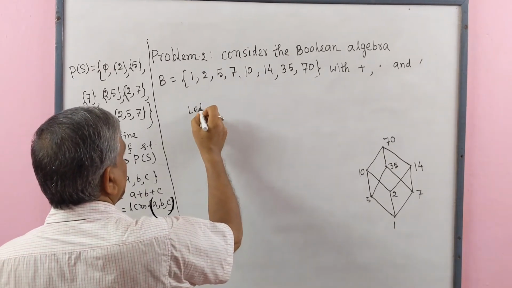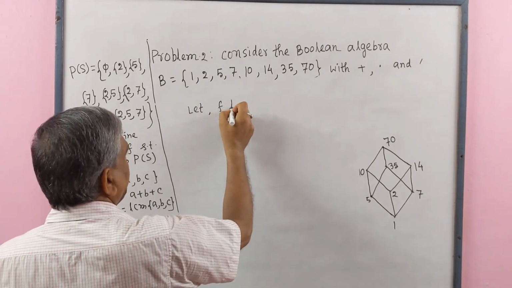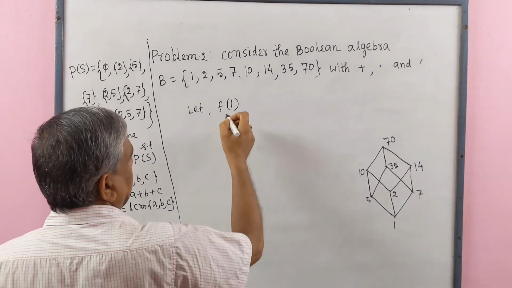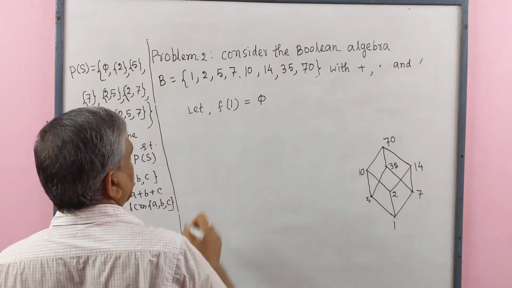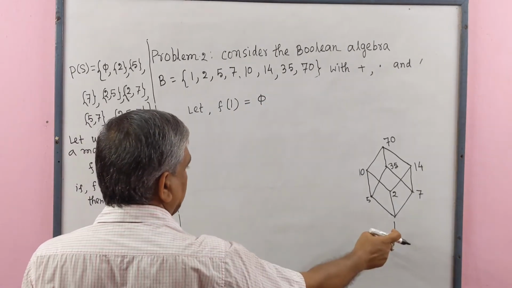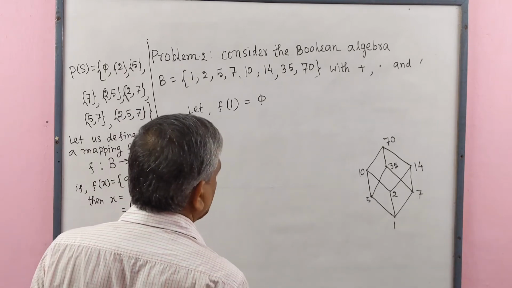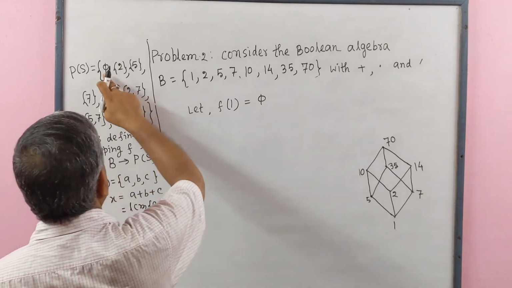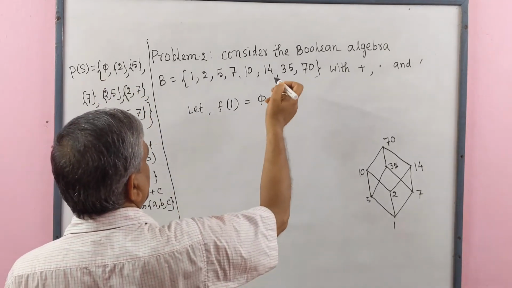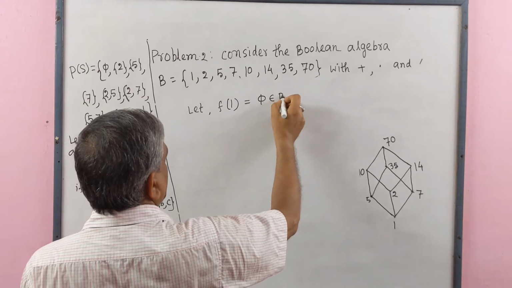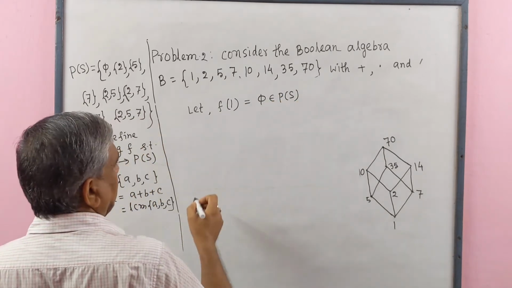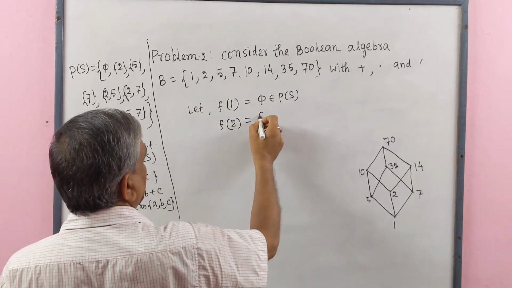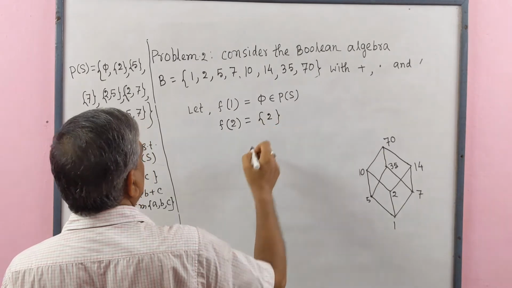Let F1, the element of B, equal to phi. Means this is the least element. Image of this element is phi here in PS, belongs to PS. F2 equal to set containing element 2.